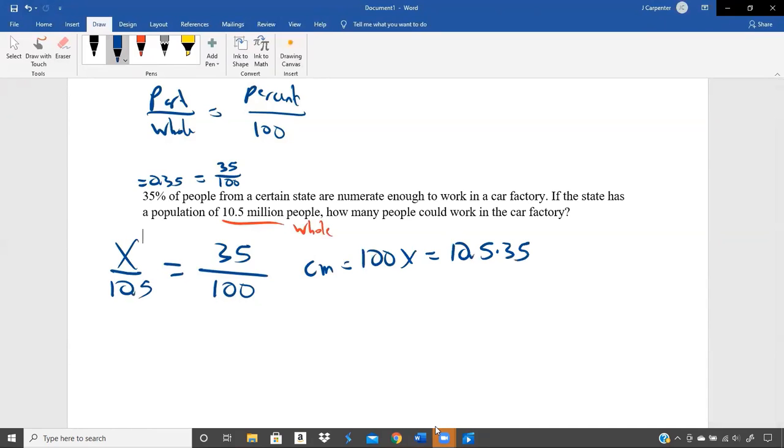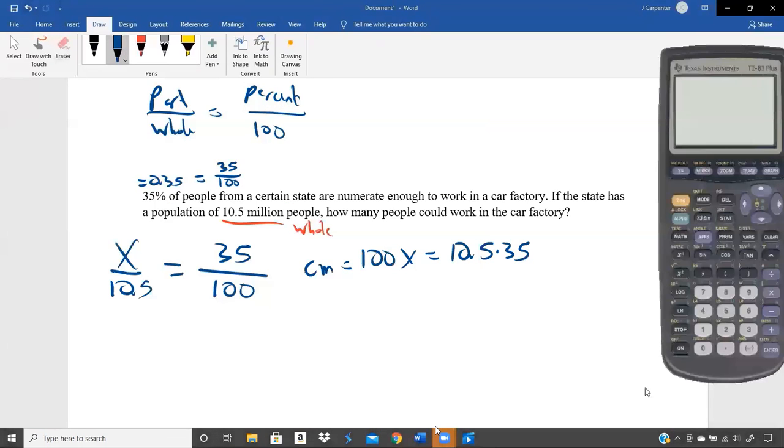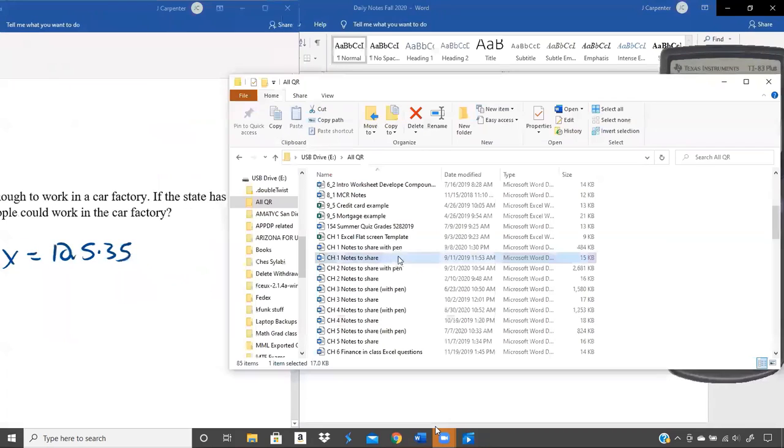We're going to pull out our calculator to do that, save ourselves some time. 10.5 times 35, and we get 367.5.